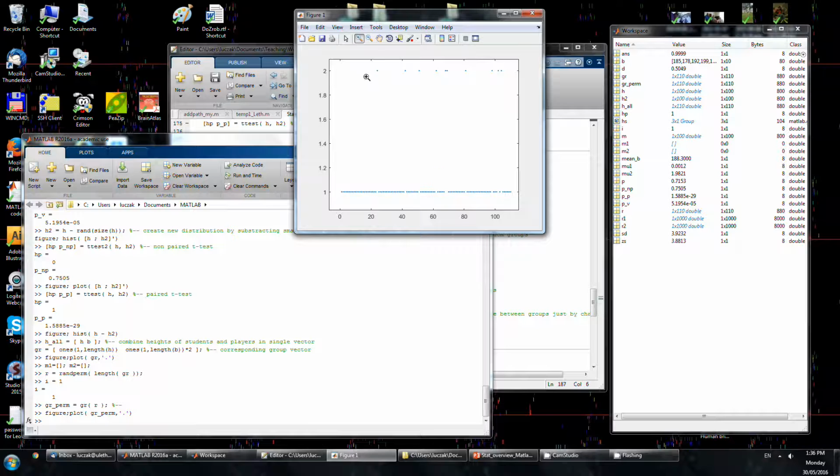So now I reassign those people to those random groups, and I will calculate the average height for this group and the average height for this group. I will do 100 such permutations and calculate such means of heights for the first and the second group. And I will see how likely by chance it is to get a difference between both groups in heights as big as the original difference.